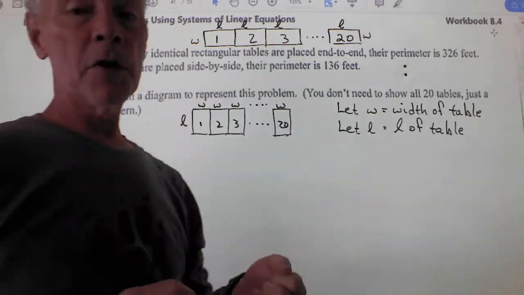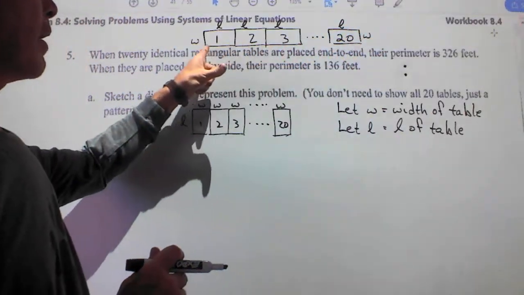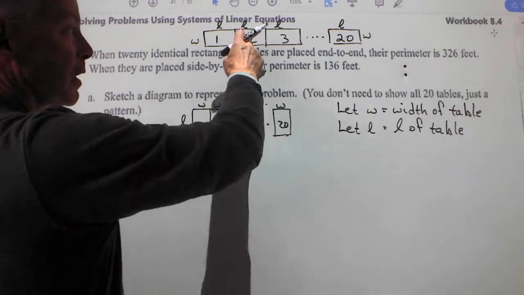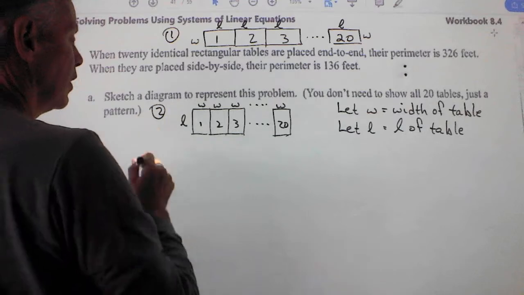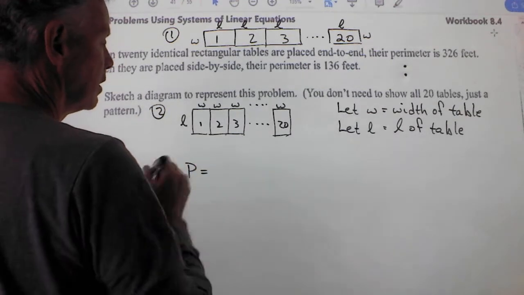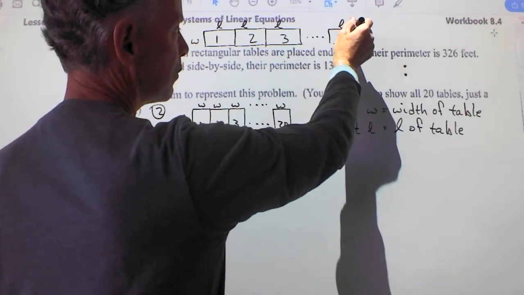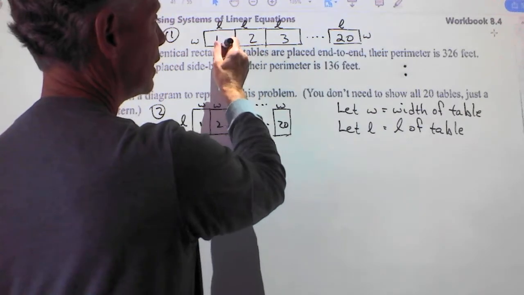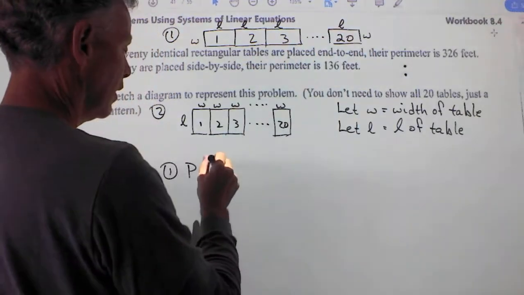Okay? Now remember, the perimeter is simply all the way around your object. So, for this one, we'll call this number 1, we'll call this number 2. For number 1, our perimeter is equal to, how many lengths do we have across the top? Well, there's 20 tables, so we have 20 lengths. How many lengths across the bottom? Well, same 20 tables, same 20 lengths.